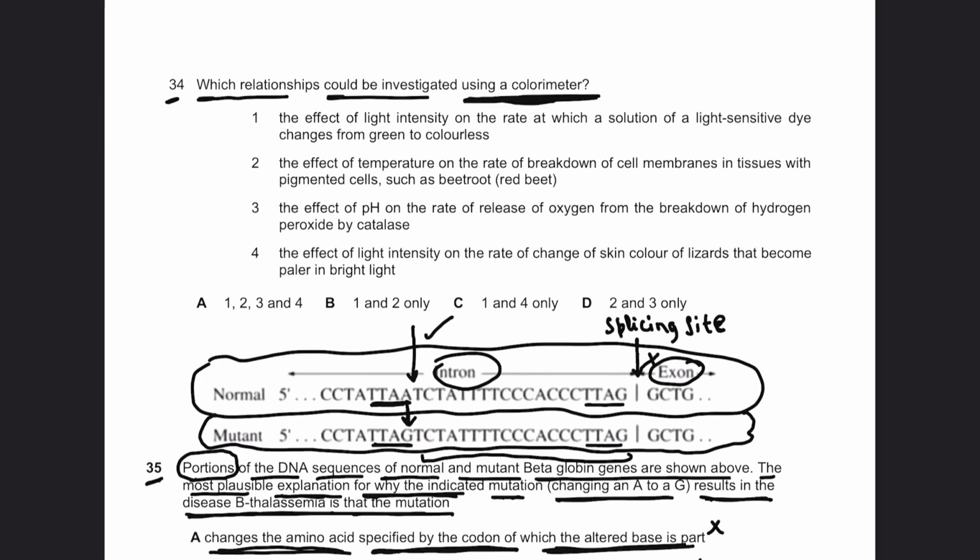A colorimeter measures how much light is absorbed by the colored solution. So the higher the intensity of the color, the higher the absorption of the light, right?